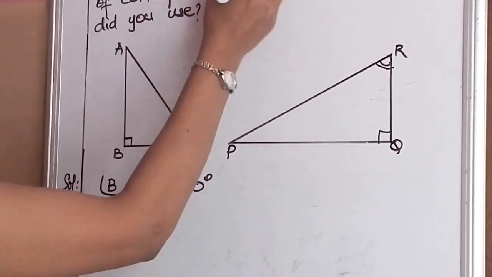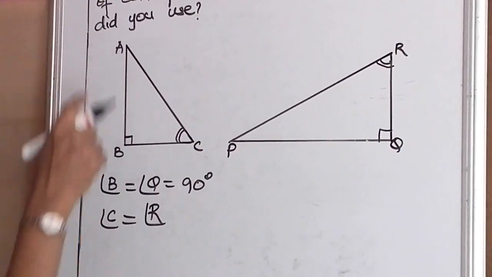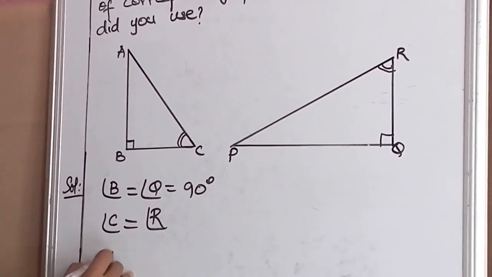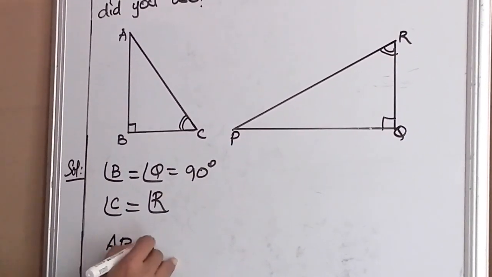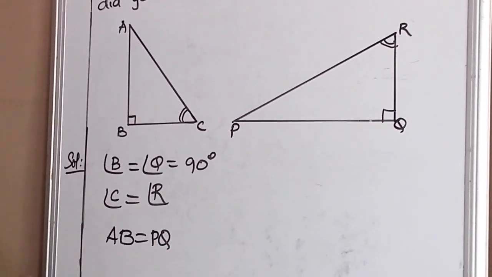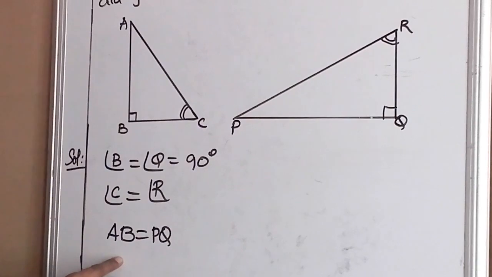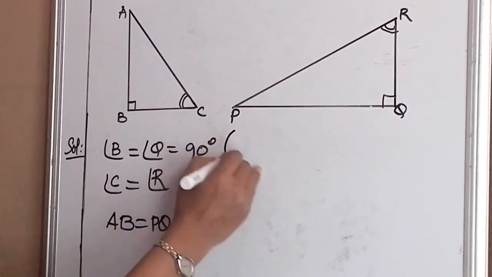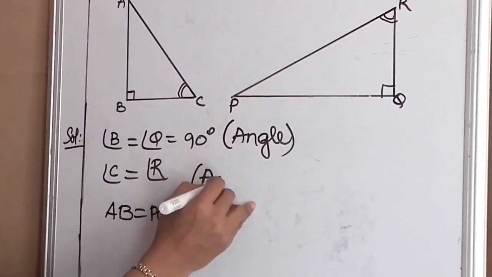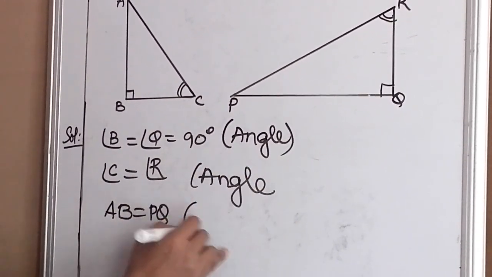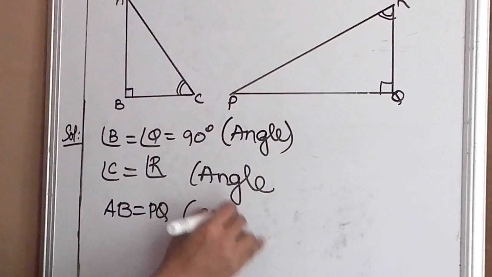So if they give the measure that AB is equal to PQ, this is an angle, and this is a side. Okay.